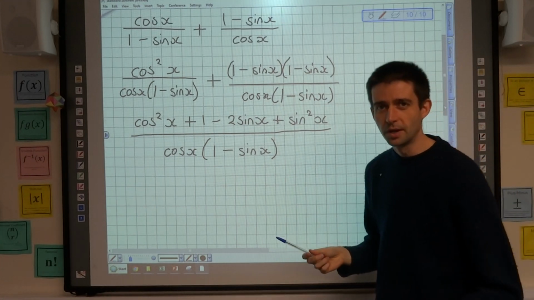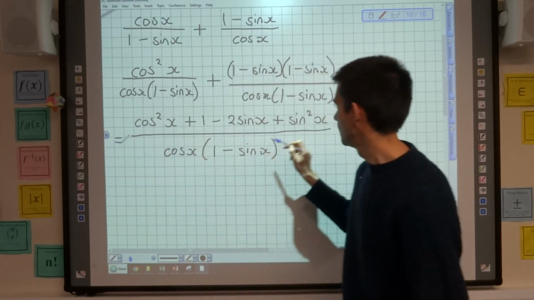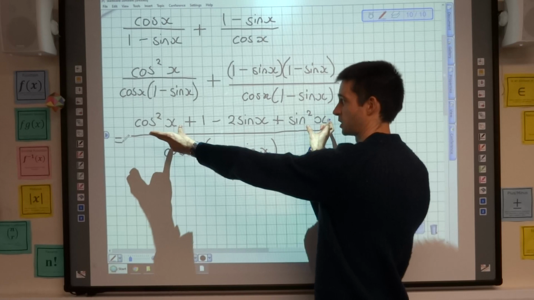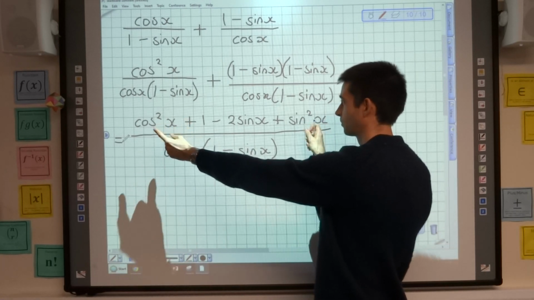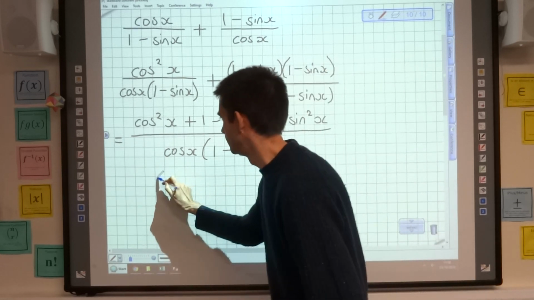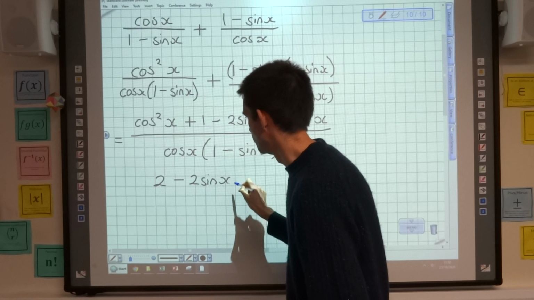Now, what can we spot here? What have we got on our numerator? Well, we've got cos squared x and we've got sin squared x, and we know that the identity is that sin squared x plus cos squared x equals 1. So I can replace that with 1, which when I add to this one is going to give me 2 minus 2 sin x on my numerator.